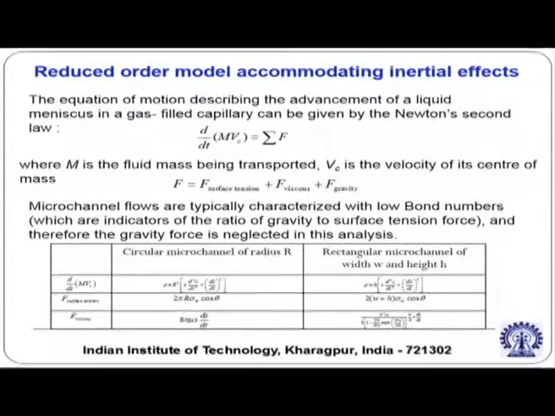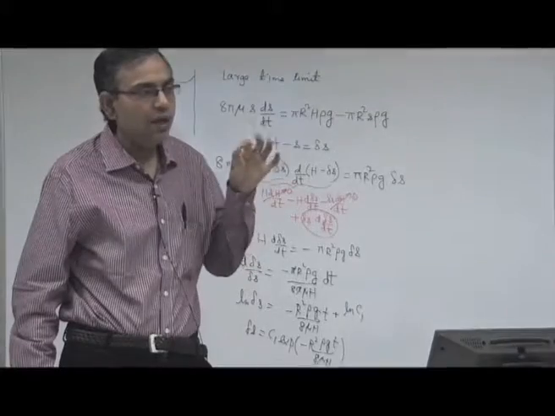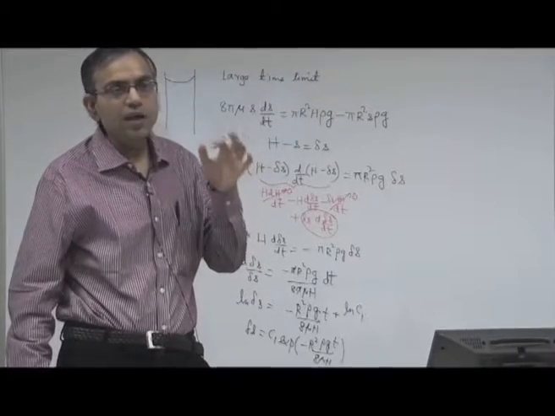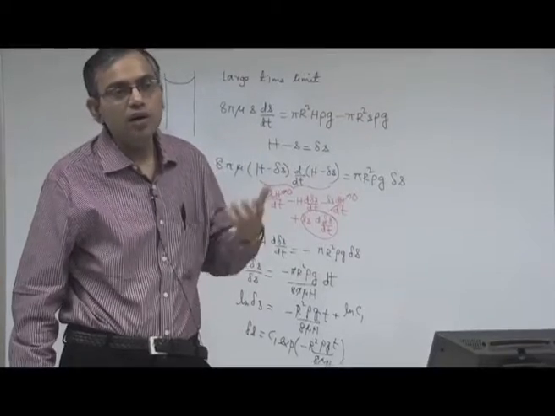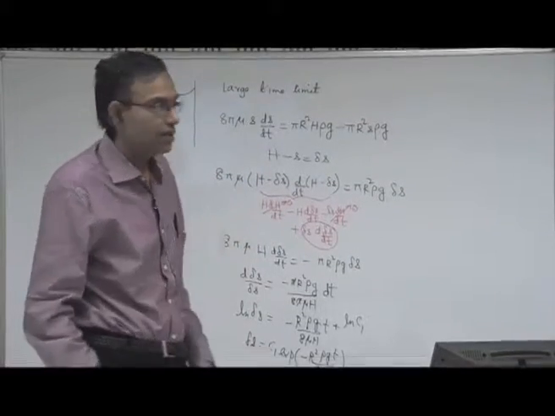That means we will neglect gravity as a force as compared to the surface tension as a force. The reason is that in small scale the surface forces are overwhelming as compared to volumetric effects. So, if you reduce the length scale of your capillary, or make the capillary narrower and narrower, the gravity effects will be less and less important as compared to the surface tension effects.